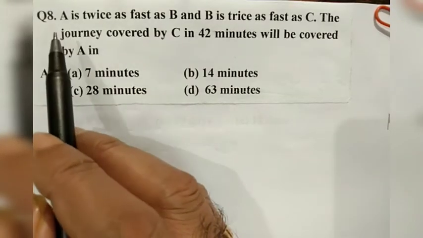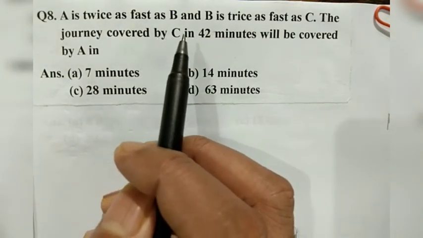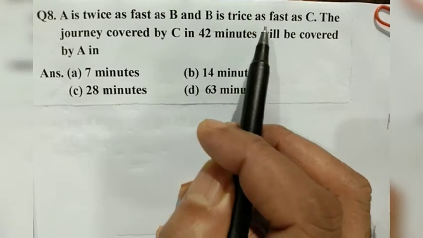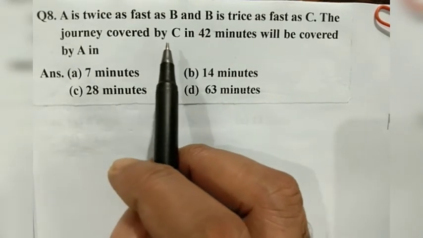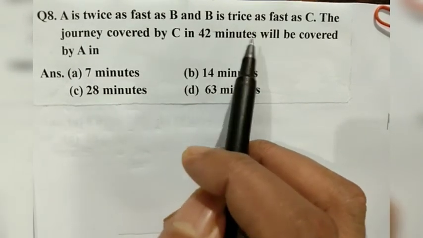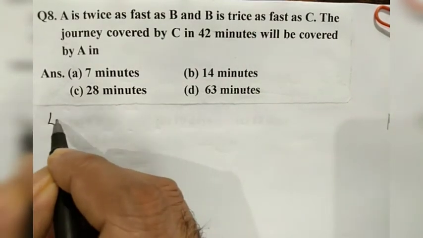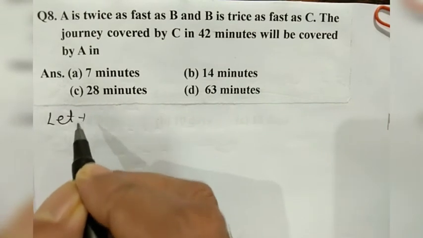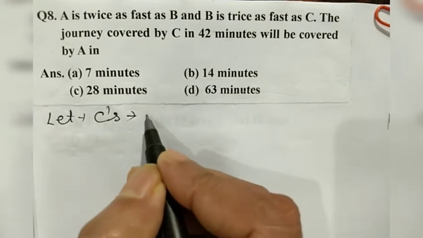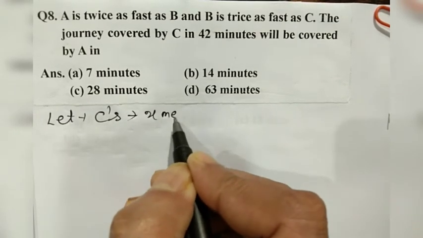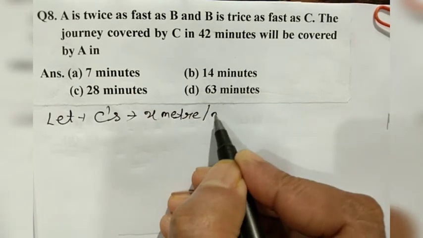Let's see the next question. A is twice as fast as B, and B is thrice as fast as C. The journey covered by C in 42 minutes will be covered by A in how much time? Let C's speed be x meter per minute.